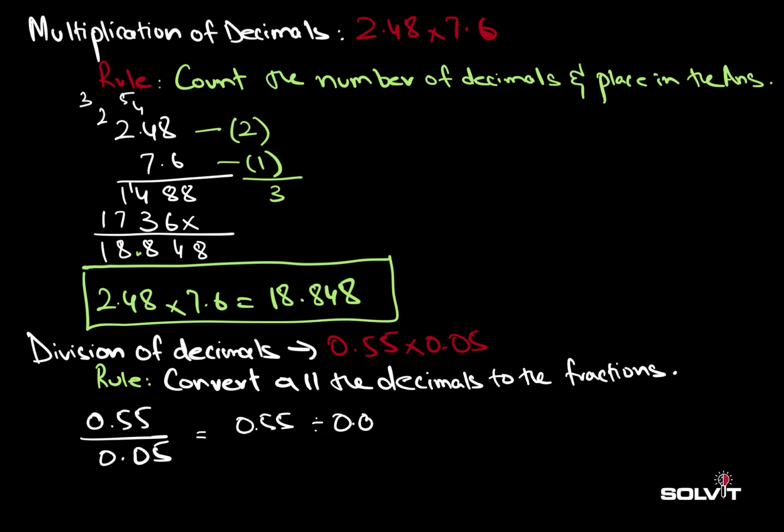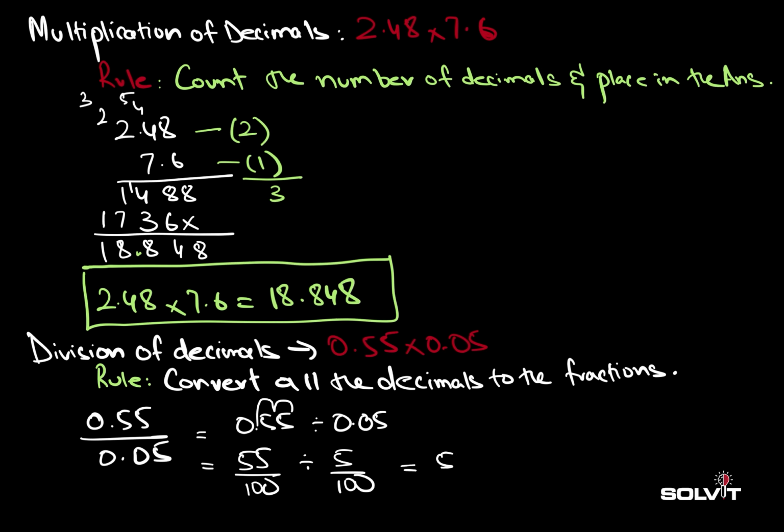So now if I need to convert 0.55 into a fraction, it would become 55 over 100, because if I move this decimal two places forward, I'll have to add two zeros in the denominator, and this would become divide, and this would become 5 upon 100.